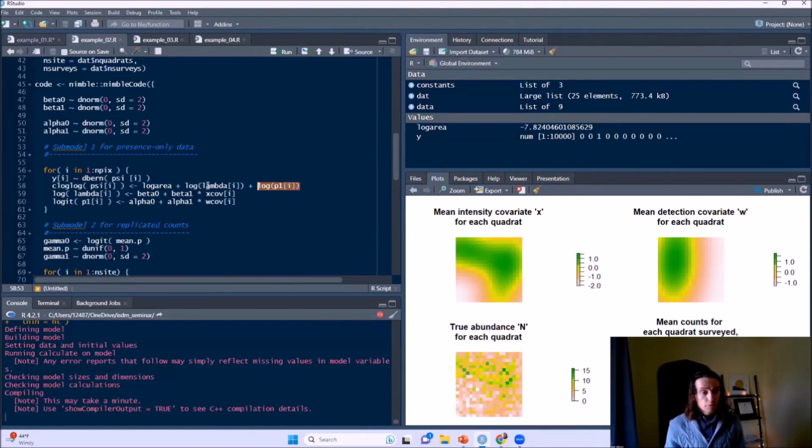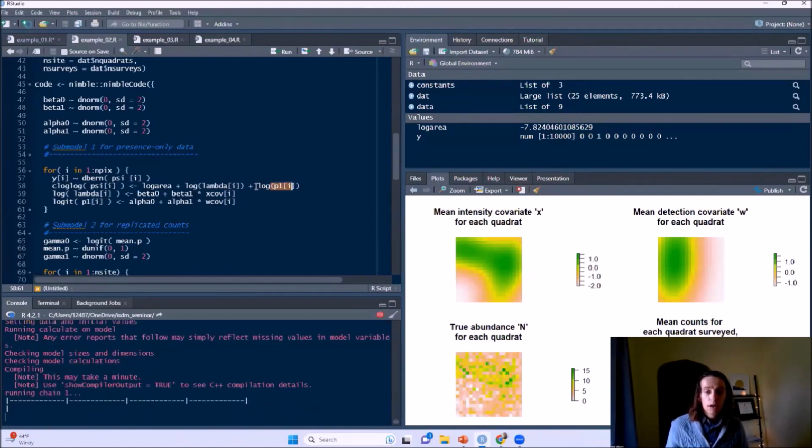And so important reminder for these parameters to be identifiable, the lambda and this P1, we have to have at least one unique covariate for each of those. So here we've got our model for that lambda, the expected abundance. We model that as a function of an intercept coefficient and then that X covariate, which describes variation in abundance.